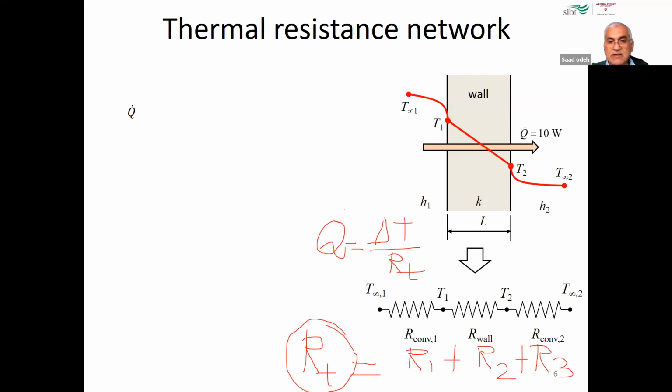I know the temperature difference, delta T, then I can find the total heat transfer through the wall. Okay? Any question? Please ask if you don't understand. This is a very important principle here.